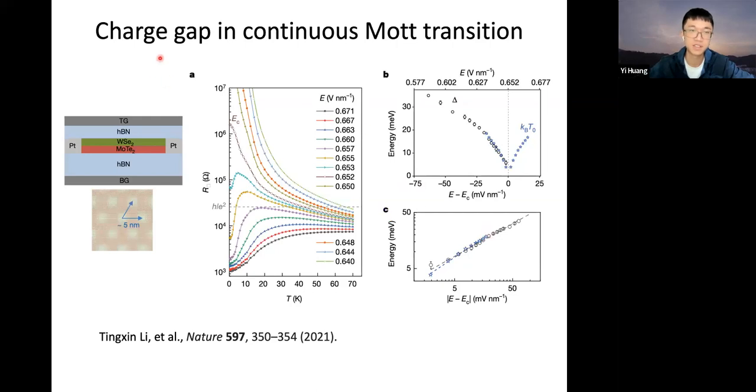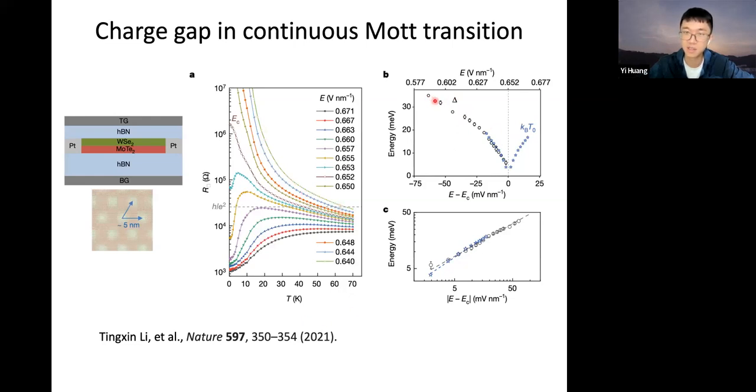And finally, there's data from Kim Feimak's group where they did the transport measurement and calculated the gap related to a continuous Mott transition. So here is their activation energy, calculated using the slope of resistance.